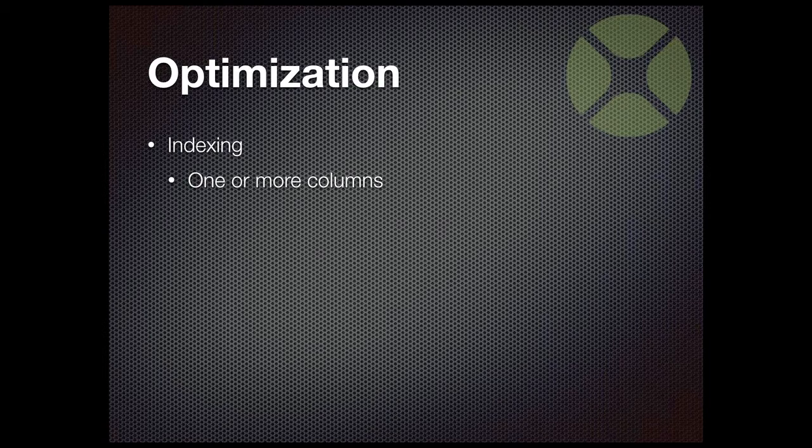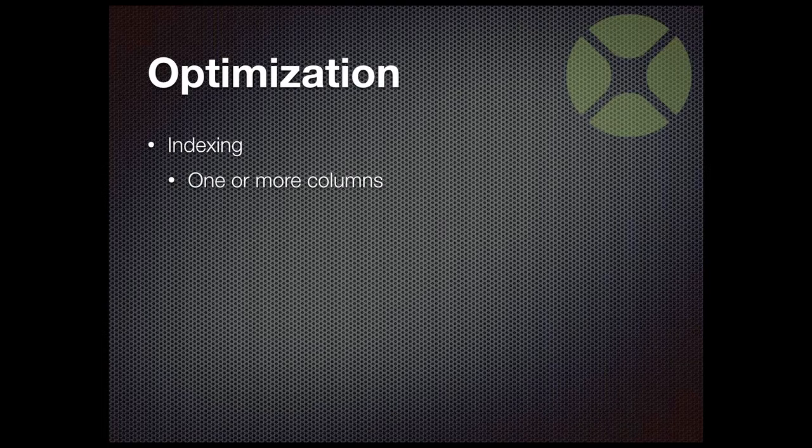Much like an index in a book, it gives the database system a faster way to find the data that's in the table. It's particularly useful in conjunction with a where clause. If you're writing a select statement and your where clause is querying specific columns, having an index on those columns allows the database system to search the tables more efficiently.